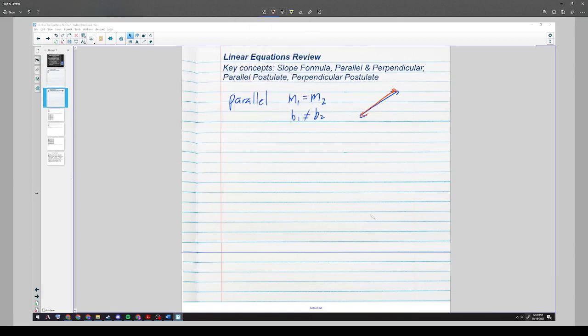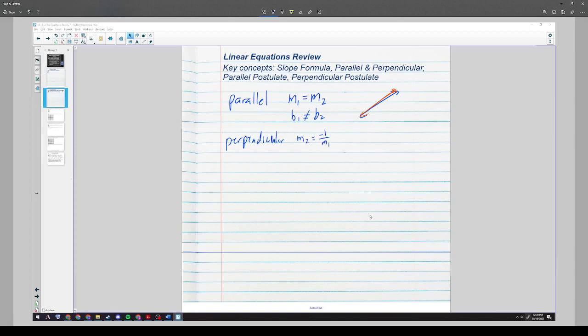Okay, so that's parallel. Perpendicular is another relationship about slope. And both of these rely on being coplanar, so these are dealing with two distinct lines within a plane. For perpendicular, our new slope is going to be -1 divided by the original slope.